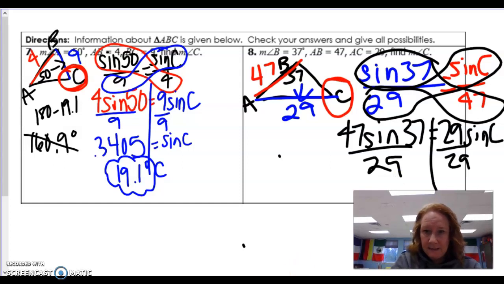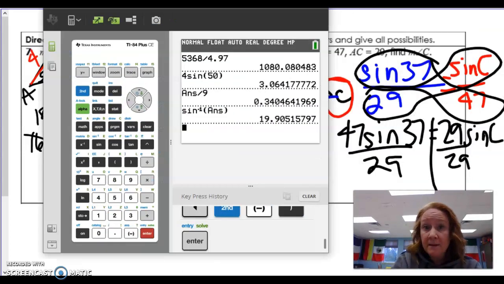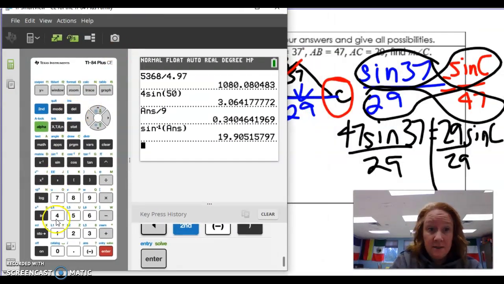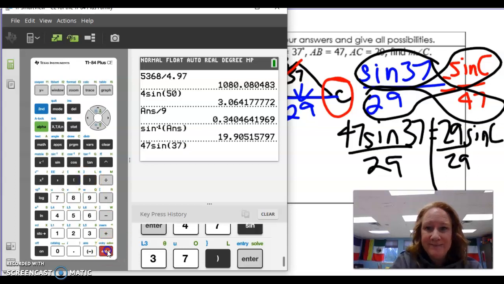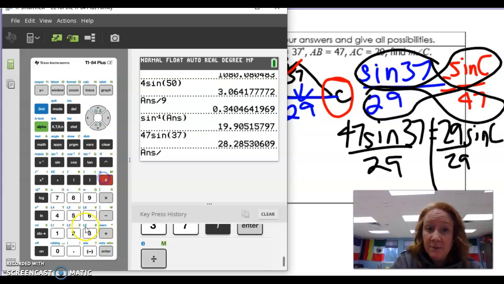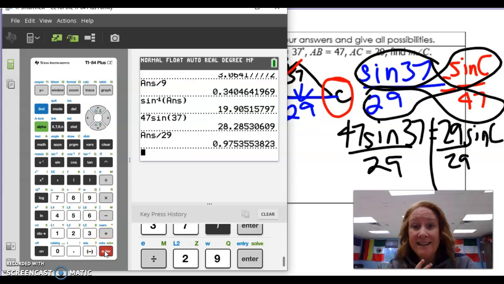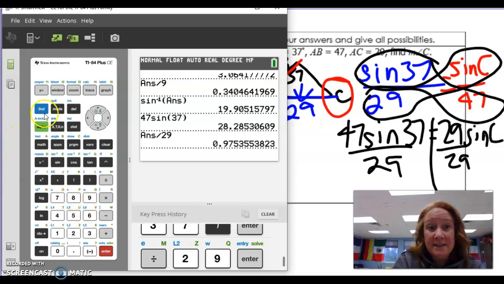Pull out my handy dandy little calculator. I'm going to do 47 sine 37, close your parentheses, enter, divided by 29. So that gives me 0.9753. Okay, so now I want to know what angle goes with that.